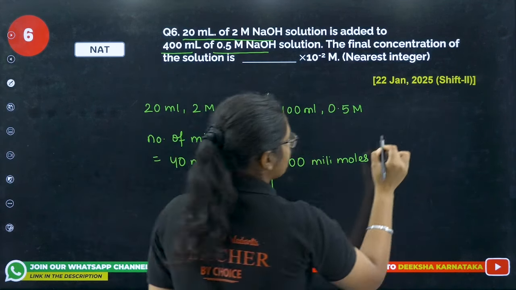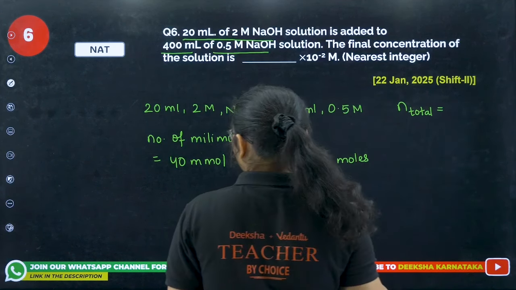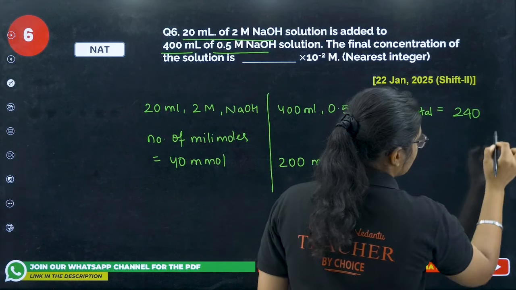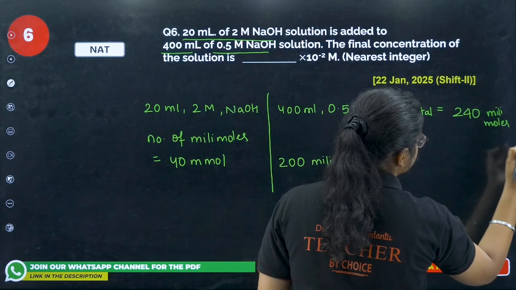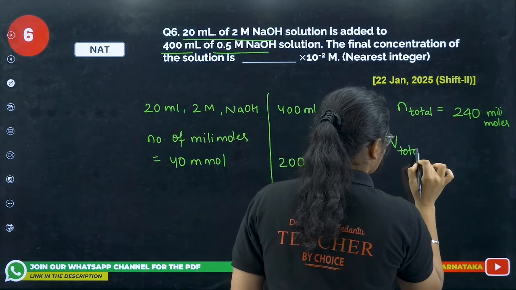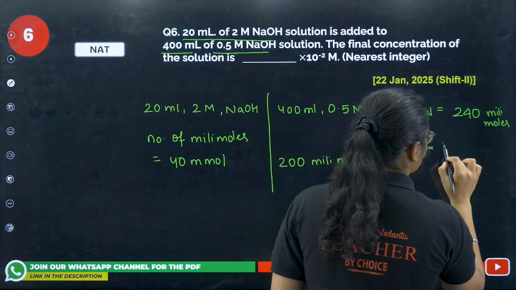So what is the total number of moles? N total is 200 plus 40, 240 millimoles. N total is this much. What is V total? V total is 400 plus 20, 420.